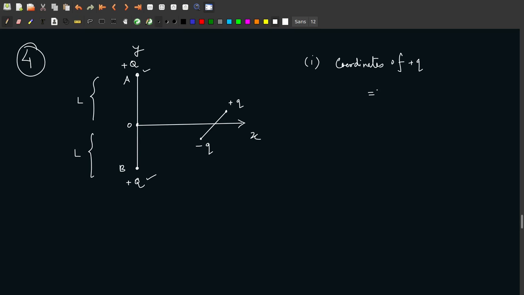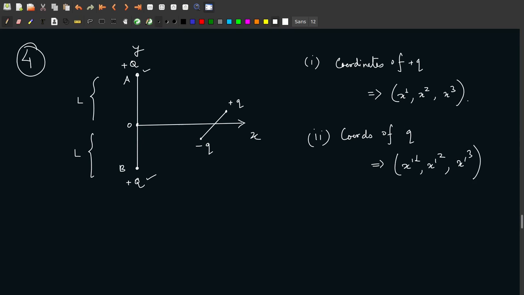Let me denote the coordinates of plus q as x1, x2 and x3. Similarly, the coordinates of minus q are designated as x prime 1, x prime 2, x prime 3.